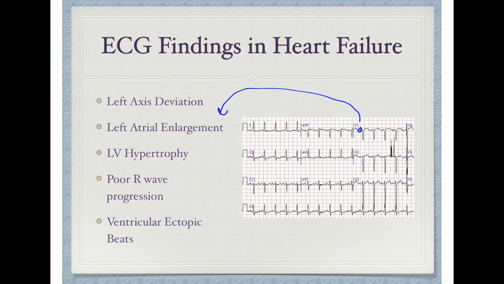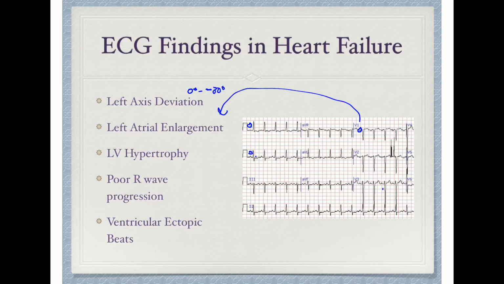The axis, while normal, as indicated by the positive QRS complexes in leads 2 and 1, the fact that the QRS is more negative in aVF tells us that the actual axis is between 0 degrees and negative 30 degrees. So definitely somewhat more on the leftward side while still being normal.